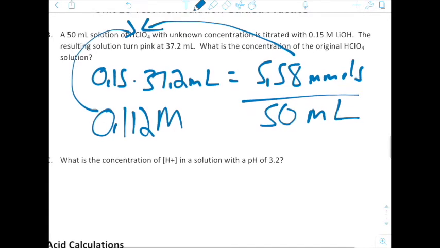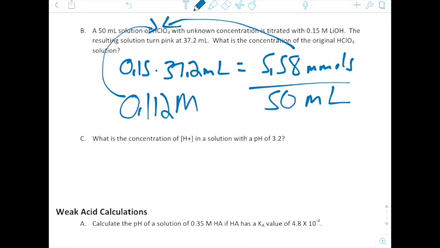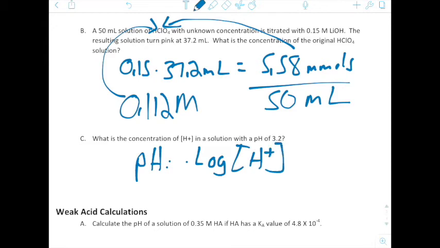Next, it says what is the concentration of our hydrogen ions in solution with a pH of 3.2. So pH equals the negative log of our hydrogen ion concentration, or hydronium ion concentration. So we're solving for that, and so we have 3.2 equals negative log.